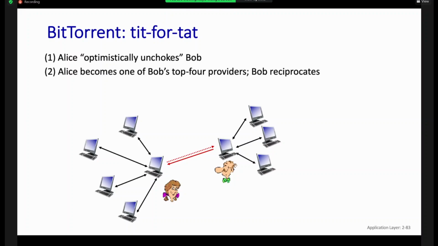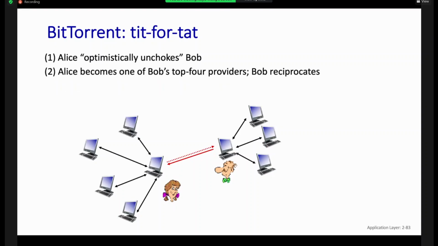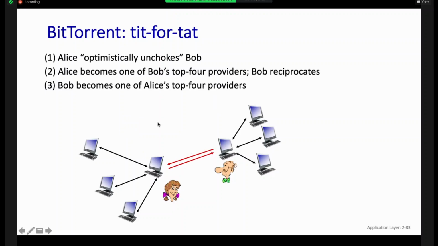And then check Bob's feedback. If Bob also sends data to Alice, then Bob also becomes one of Alice's top 4 providers. And then we can remove one with a low data rate from this group. And Bob also removes one with a low data rate from Bob's group.